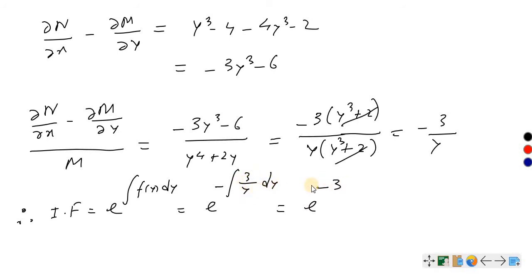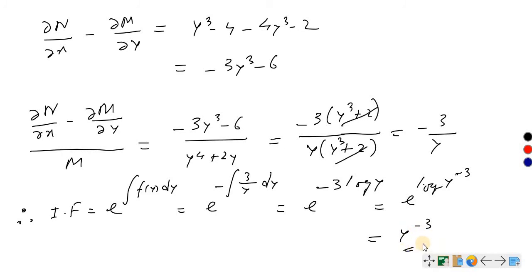Integration of 1 by y is log y. So this is equals to e to the power log y to the power minus 3. So again I will be getting y to the power minus 3.